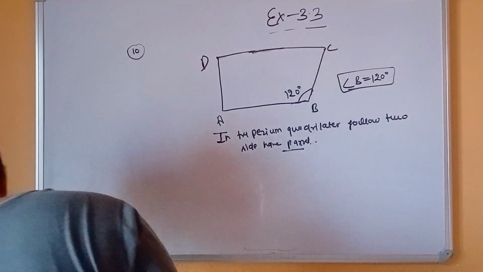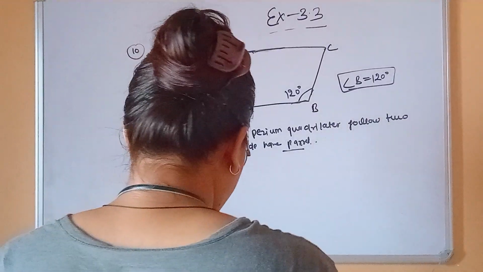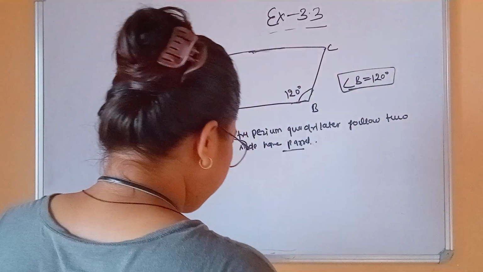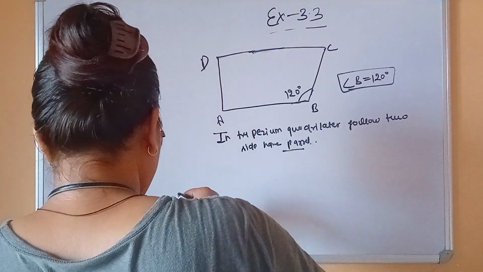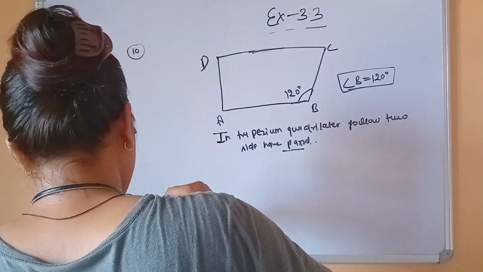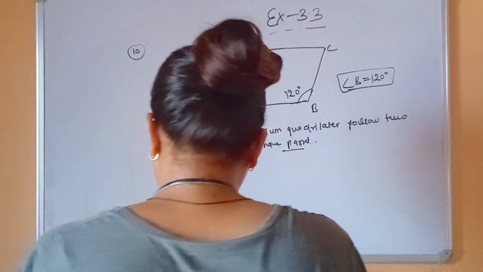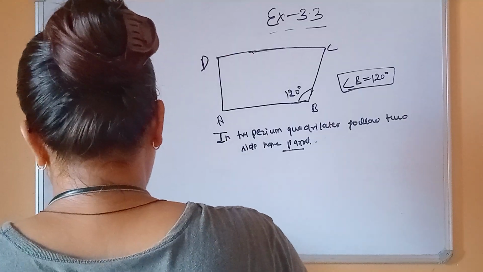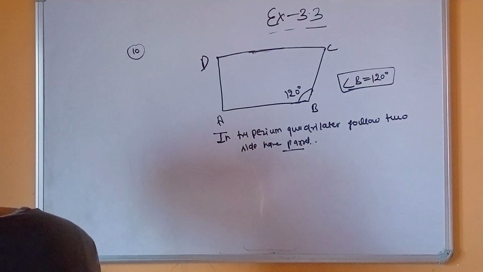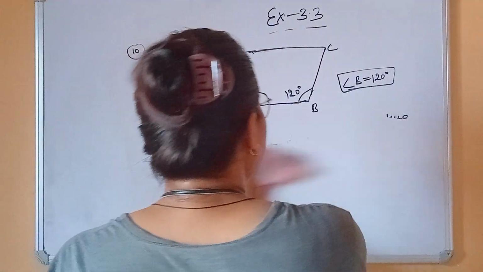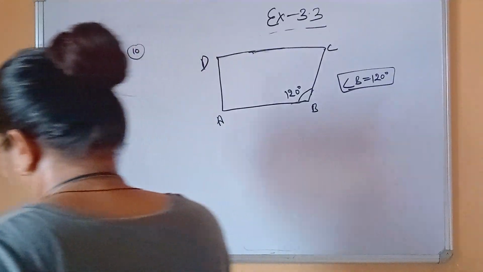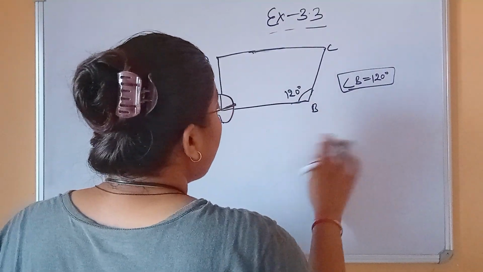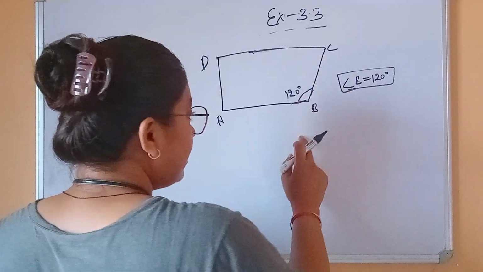In this figure, the 11th question also says find angle C. So the 10th question and the 11th question have the same figure given, and we must find angle C. So what we do here: remove this, and from here we know that angle B plus angle C is supplementary.